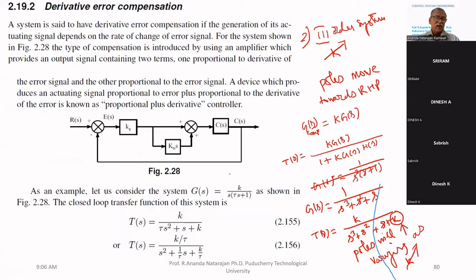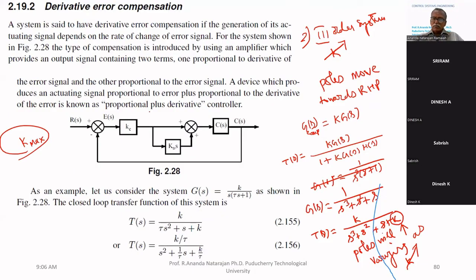That's why after a certain value of k, the system becomes unstable. The maximum value of k is called k max. Up to k max only you can increase the gain of the amplifier. If you increase further, it becomes unstable. So these are the two drawbacks.